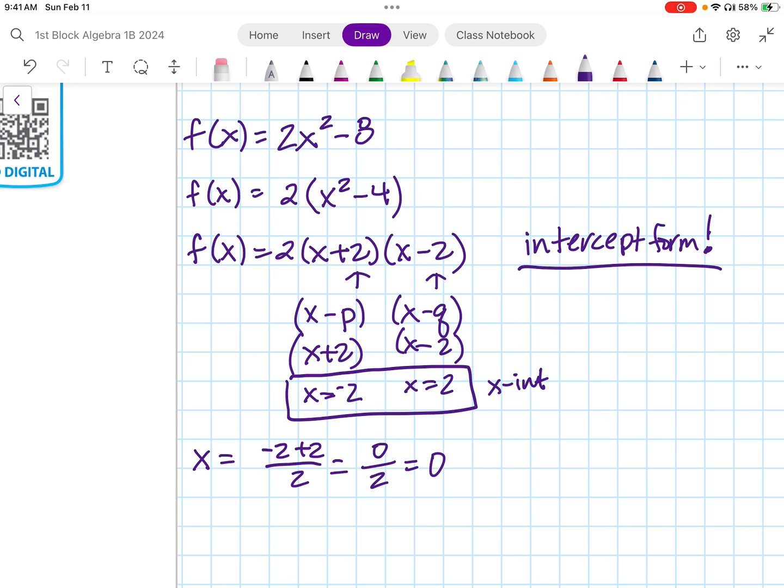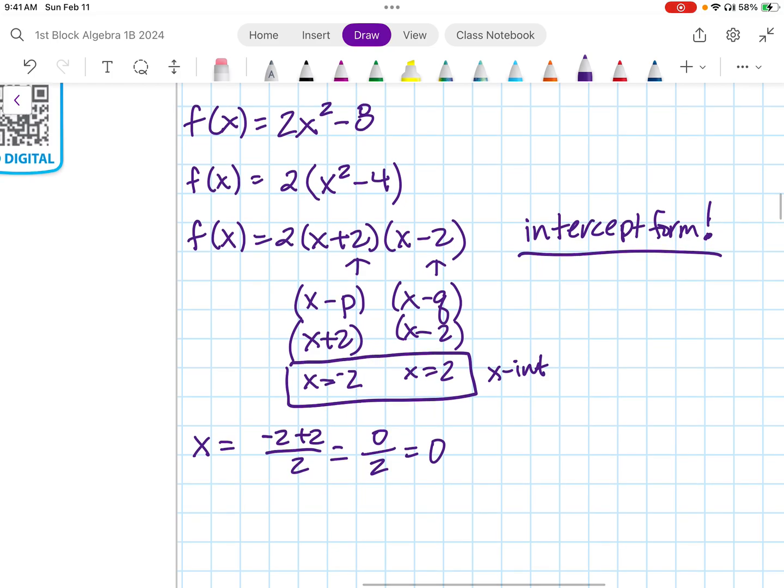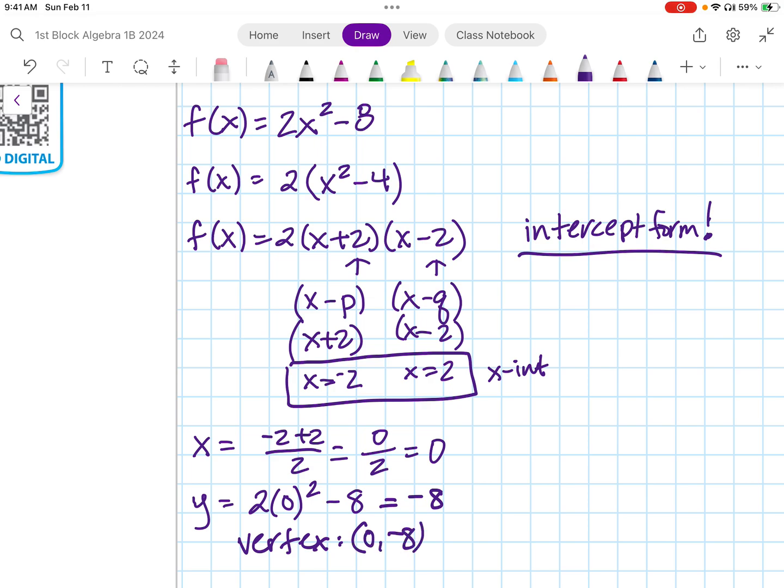I prefer to use the original equation because looking here, it's not going to take that much work. So I am going to set x equal to 0. And I knew that by multiplying all that stuff, all that was going to be is 0. So it's 0 minus 8. So our vertex is (0, -8). So now I have my x-intercepts, I have my vertex.